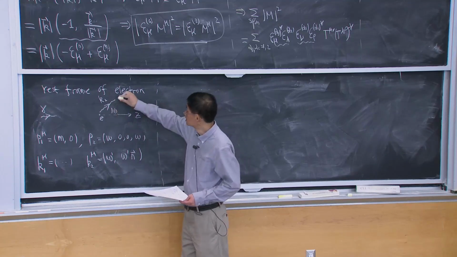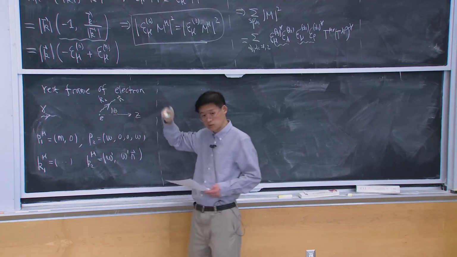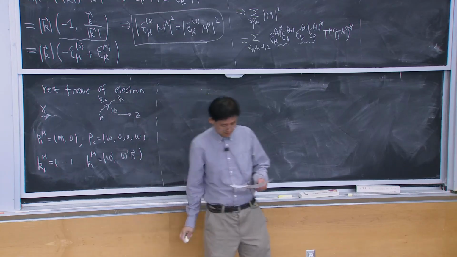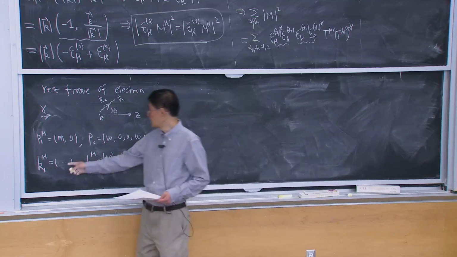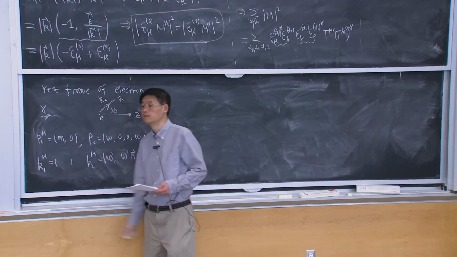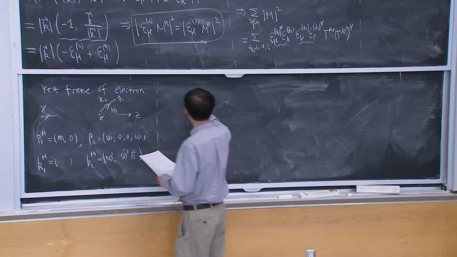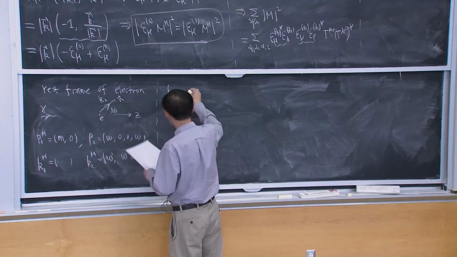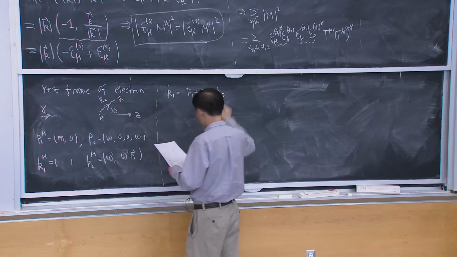This is the direction of n, which has the theta angle with respect to the z direction. And then K1 can be obtained by momentum conservation from these quantities. So K1 would be just P1 plus P2 minus K2.